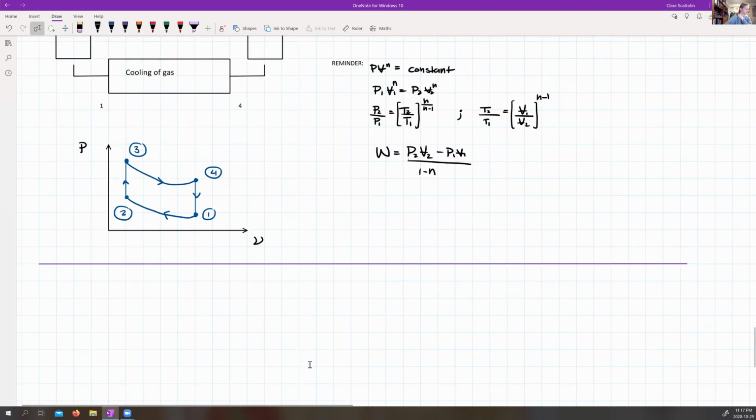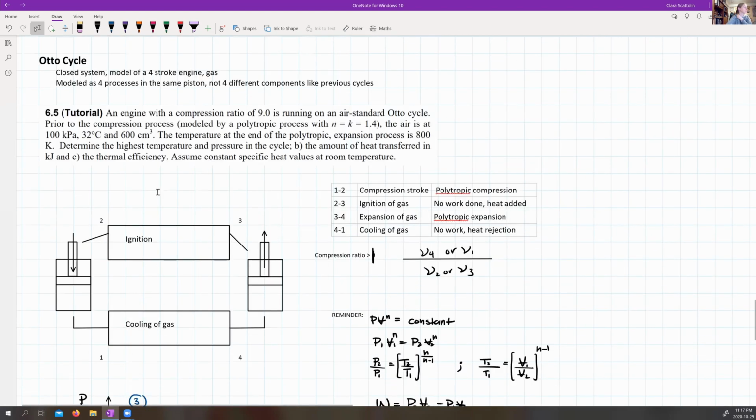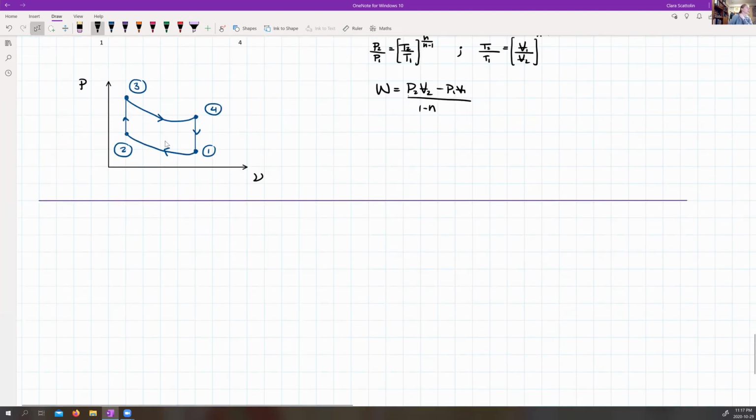So if we look at what's given, we're given a lot of information just before the compression stroke, right? We're told prior to the compression process, we have all of those values. So I'm just going to start by listing them. At stage 1, I have a pressure of 100 kPa. I have a T1 of 32 degrees C, which is 305 Kelvin.